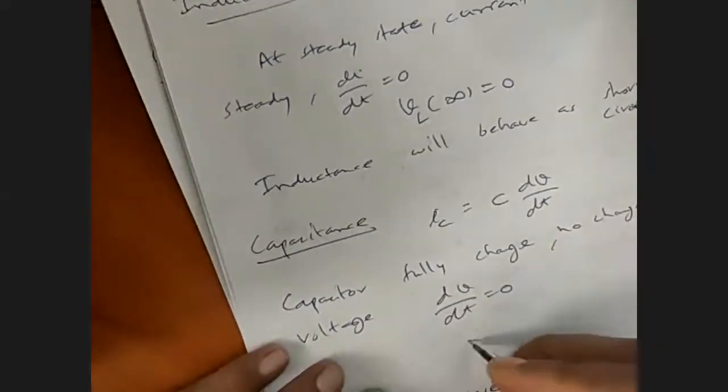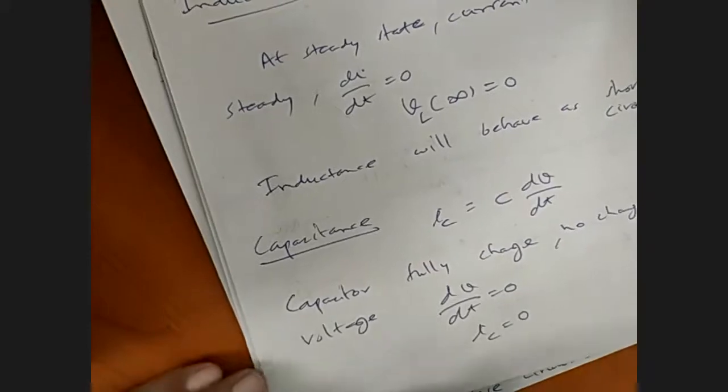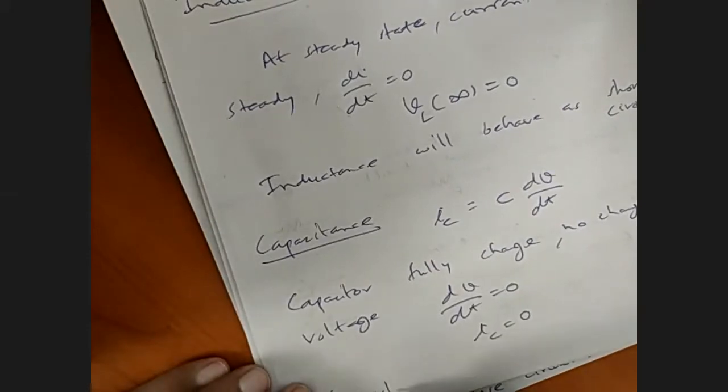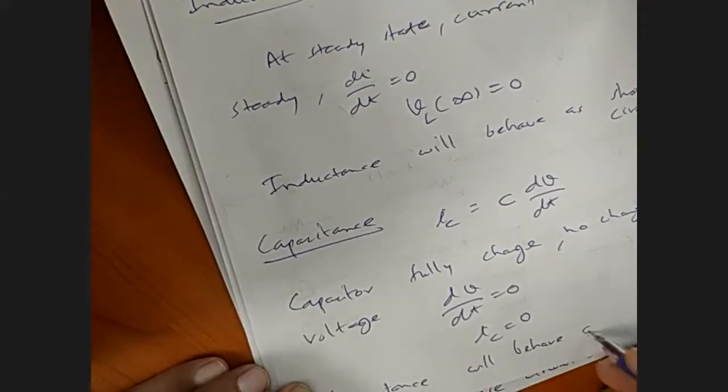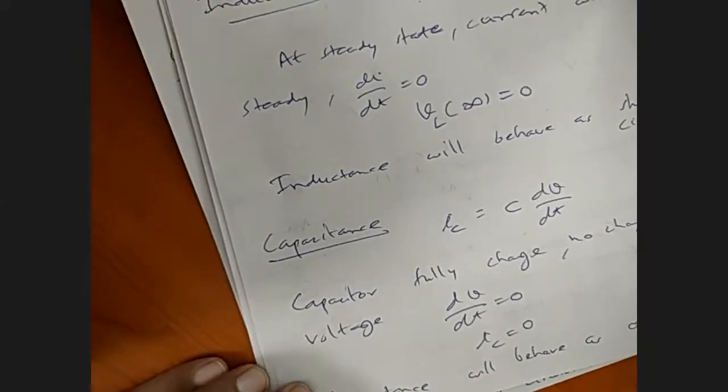That means IC will be 0. That means capacitance will behave as open circuit. तो जस्ट अपोजिट, जो इनिशियल बिहेवियर था उसका अपोजिट बिहेवियर हो जाएगा, दैट विल बी दिस.